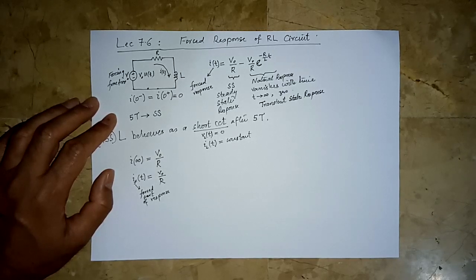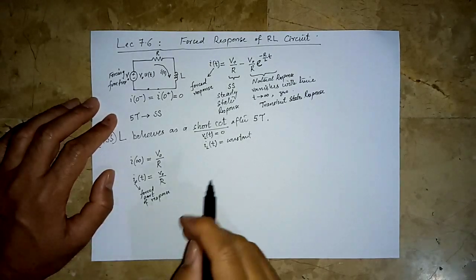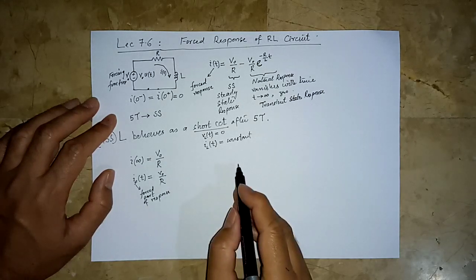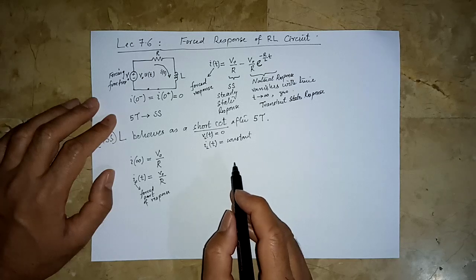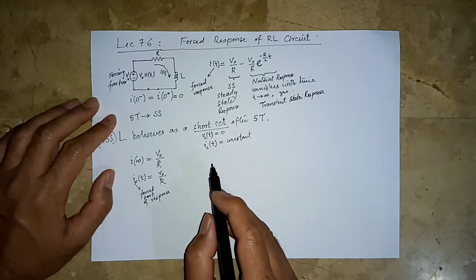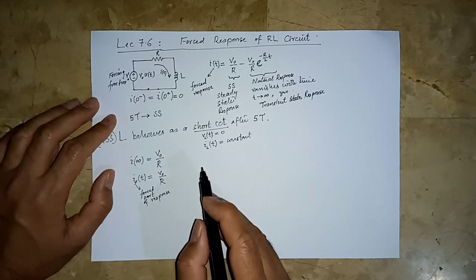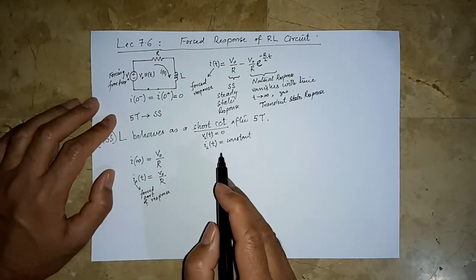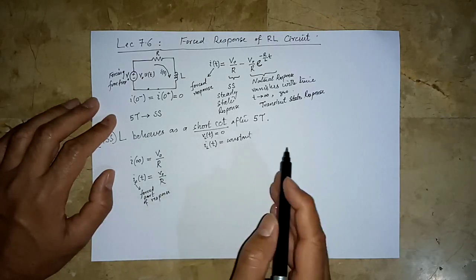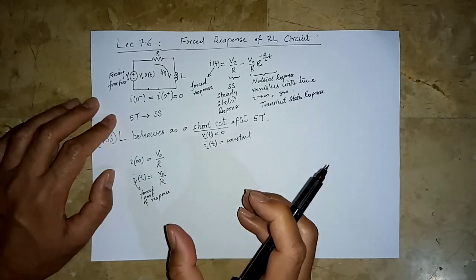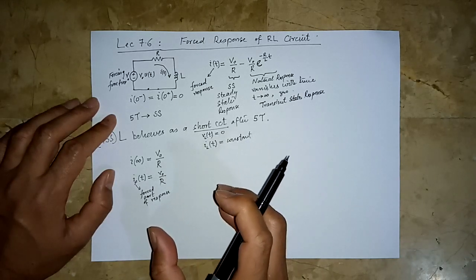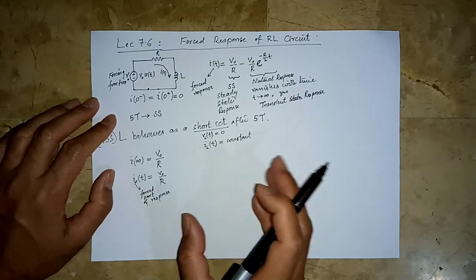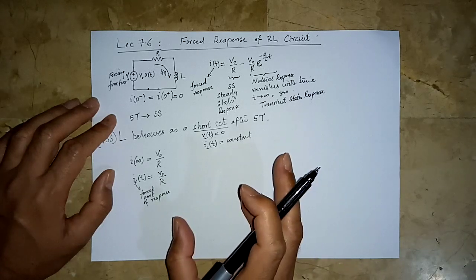There is more discussion to this, and I am going to do this in the next video in detail again, because we want to understand this thing on this very basic simple circuit. Let us discuss everything on this circuit, and then when we come to the RC circuit, for example, we are going to use our learning of the discussion here, and we will apply that there straight away.